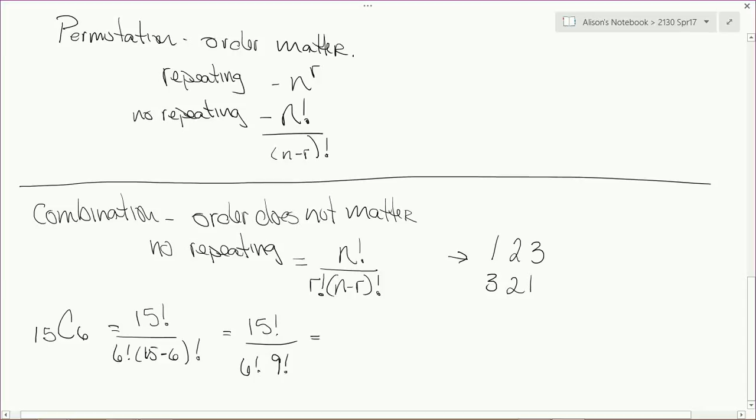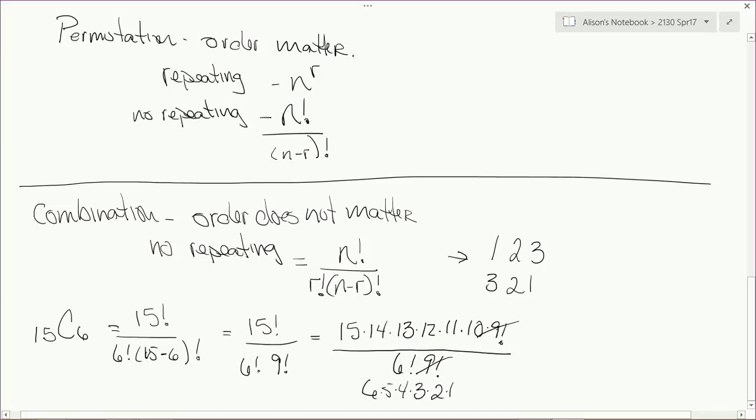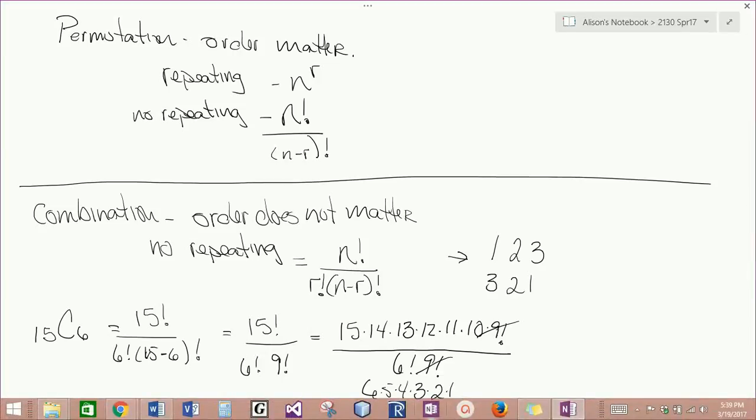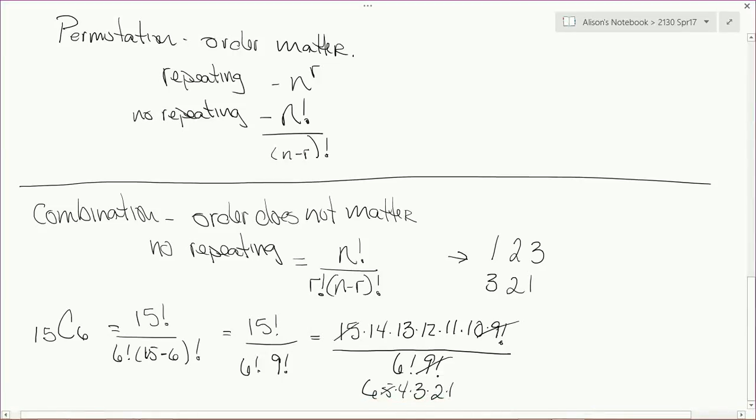So if I were to simplify this, if I break it out into its factorial, I can remove the 9s, and I'm going to go about trying to simplify it even farther. So I can see that 15 is 3 times 5, so we can factor out that 5. I can also factor out that 3. I can see that 14 is actually equal to 2 times 7, so I could remove those 2.